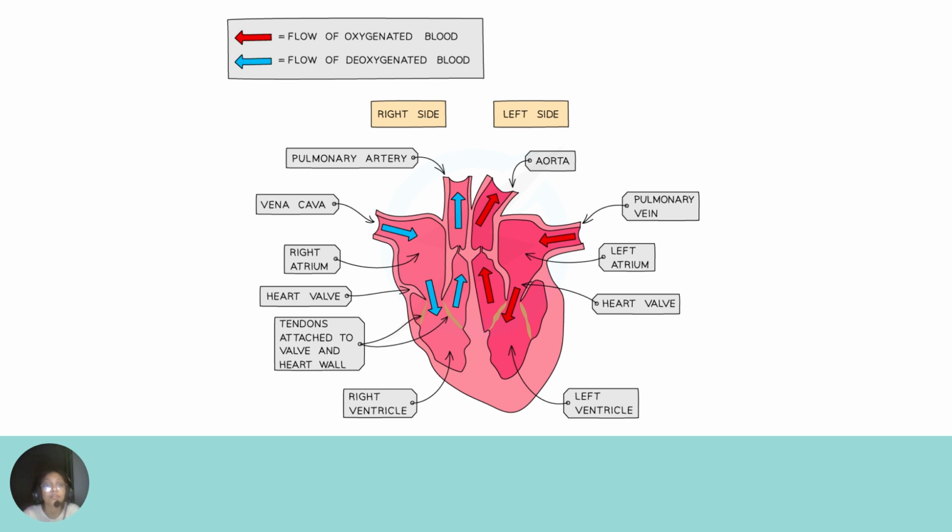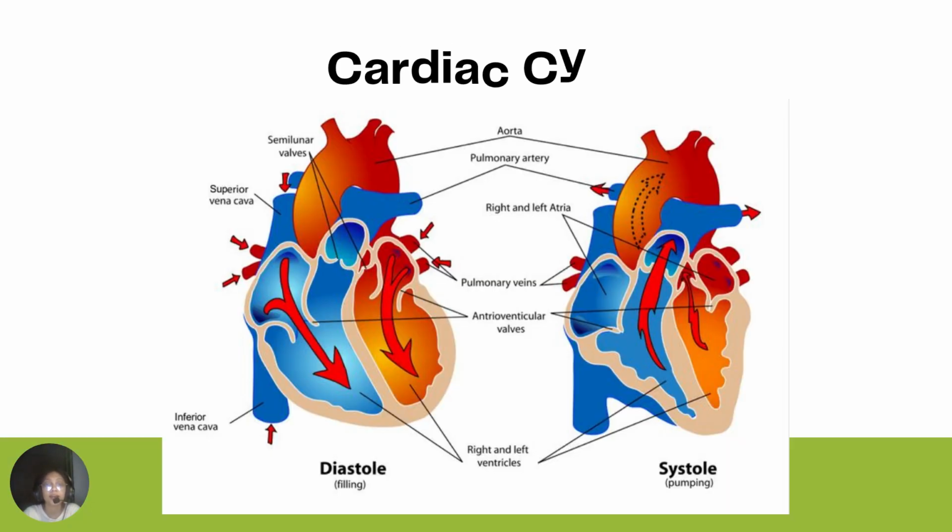From the right ventricle, through the pulmonary artery, the deoxygenated blood goes to the lungs, and from the lungs the oxygenated blood comes back to the heart by the pulmonary vein to the left atrium, and then through the bicuspid valve it goes to the left ventricle, and from the left ventricle it goes to all the parts of the body through the aorta. So this is basically how the blood works, and now we are going to focus more on the cardiac cycle.